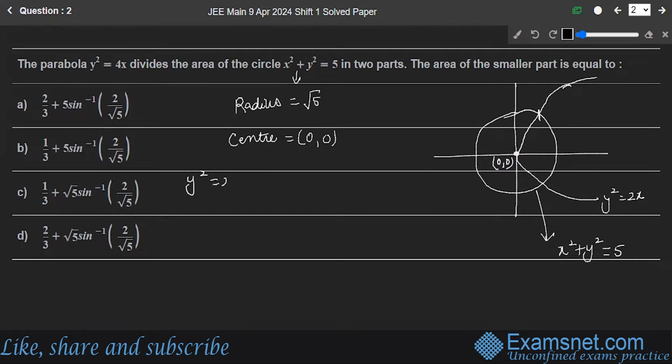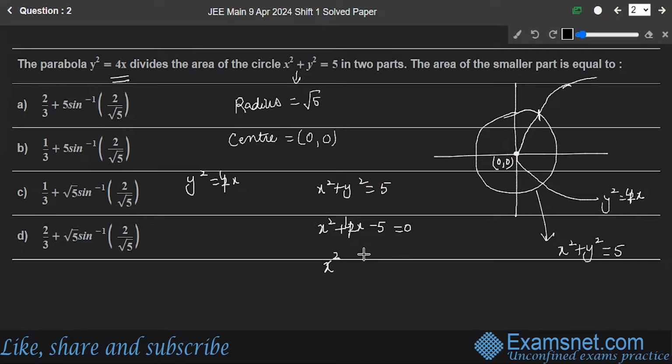Now, let's see the point of intersection. Y squared is equal to 4x, x squared plus y squared is equal to 5. Sorry, it's not 2x, it is 4x over here.